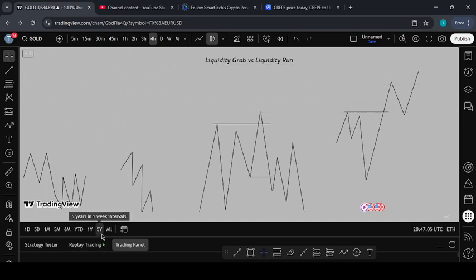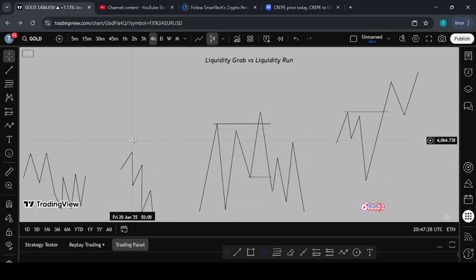It's usually good confluence if you match it with other confluence. I'm not saying every time price does that, the trade must play out 100% of the time. No. Match it with other confluence, maybe a high time frame key level that price has just tapped into and swept to the downside. It gives you more confidence to take that trade, especially after a liquidity grab.